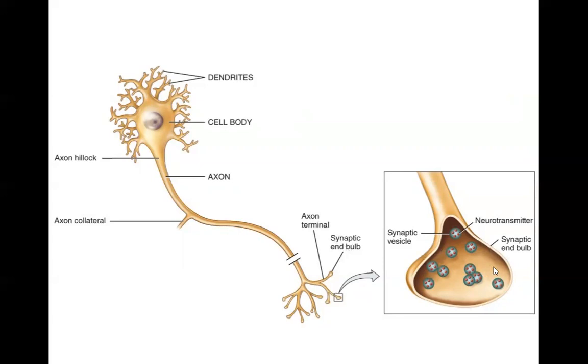This is what they look like inside, full of bubbles called synaptic vesicles. Inside of those vesicles are chemicals called neurotransmitters. Neurotransmitters are chemicals that can stimulate another neuron or a gland cell or a muscle cell, triggering things like gland secretion or muscle contraction. We'll talk about those later in this lecture, but aren't going to get there today.